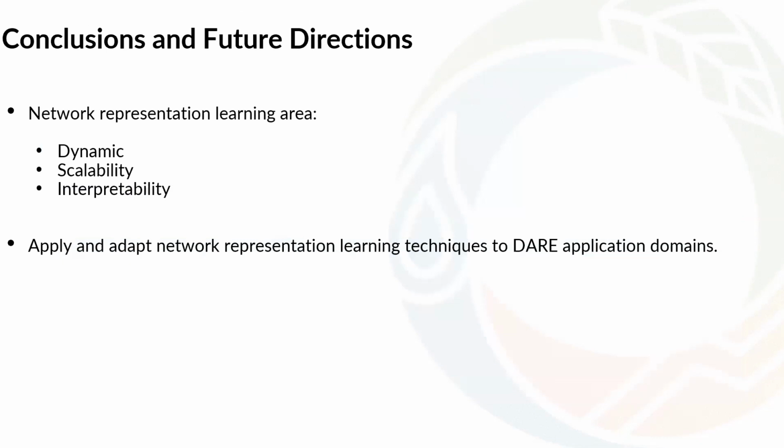So to conclude this presentation, the focus is on network representation learning, and at the moment there is still a lot happening for network embedding techniques. From my point of view, and also from some recent literature, people discuss possible future directions for the area.